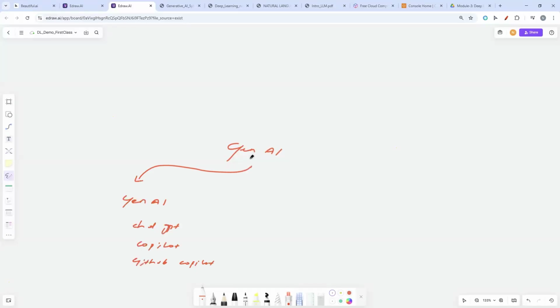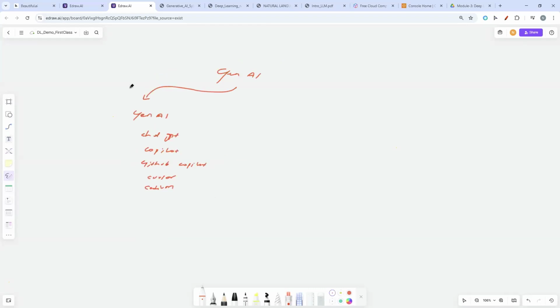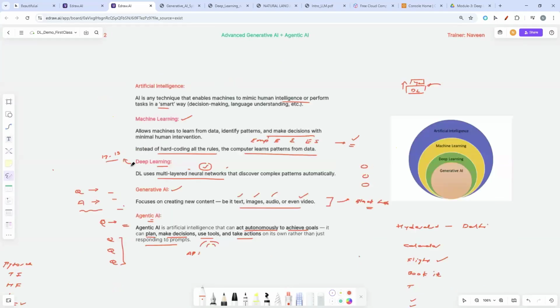GitHub Copilot, and we have Cursor AI. In VS Code we have lots of extensions like Codium, right? So like this we have lots of applications and tools which are readily available. Even if you become a generative AI engineer, you are going to use them to make your things easy. So using these tools itself, if you did not understand anything, you can either raise a question in the next class, or you can search in them and understand things in a better manner.